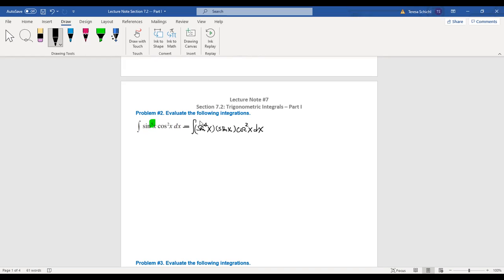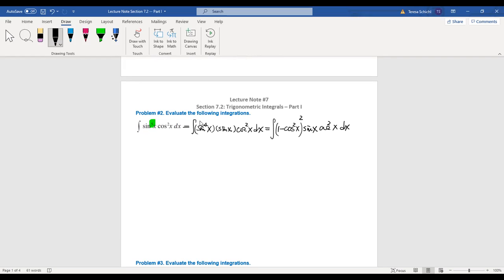All right, now I use the identity again. So sine x to the 4th power will be 1 minus cosine square x, the whole thing squared. Then I have a sine x cosine square x dx, right?